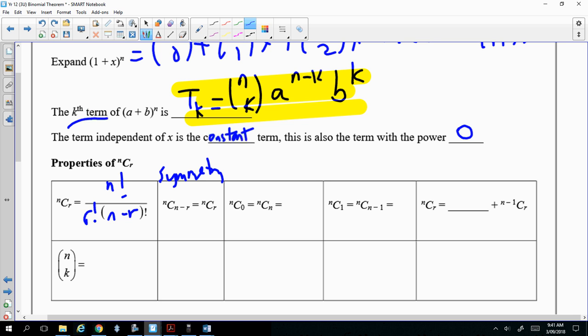Okay, and you should write all of this using the new notation: n factorial, k factorial, n minus k factorial, and then you should write this one again: nC(n minus k) equal to nCk. Write it clearly.